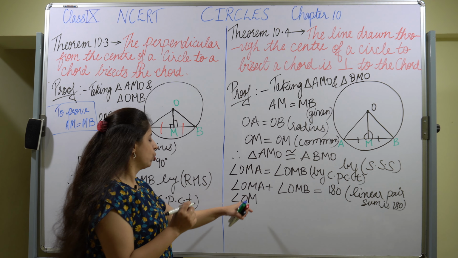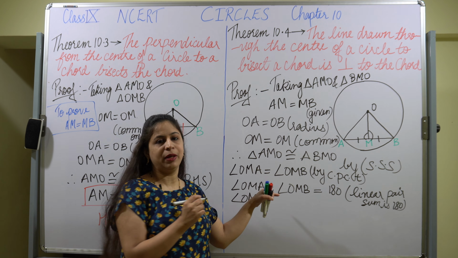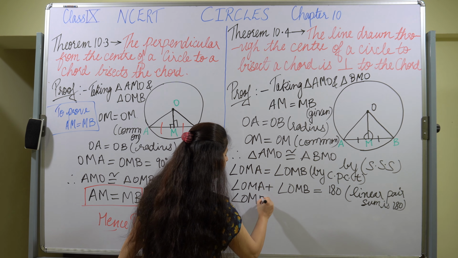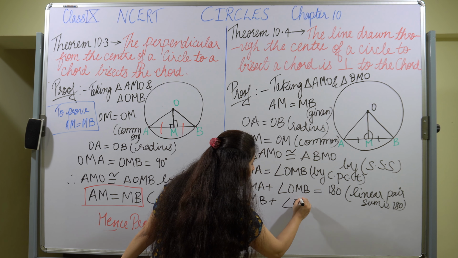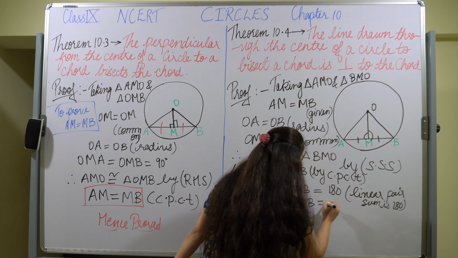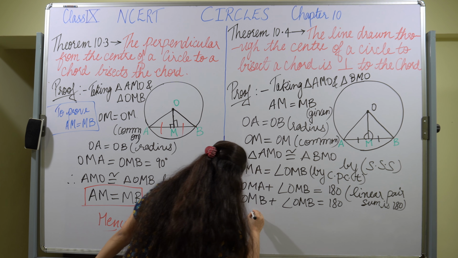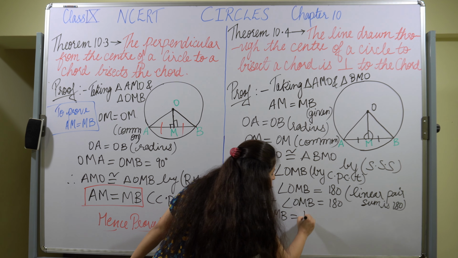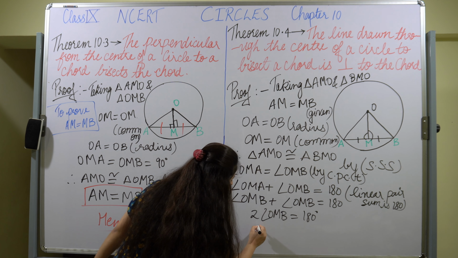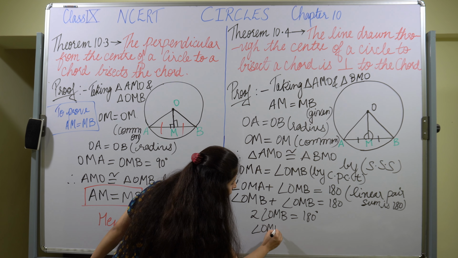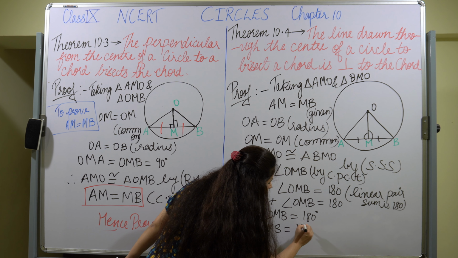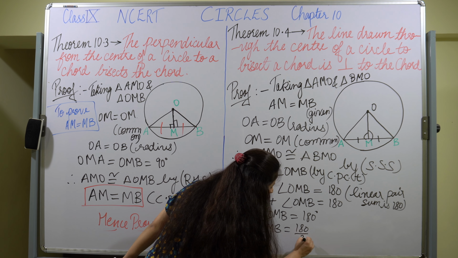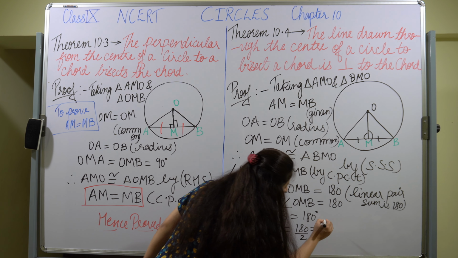Since angle OMA is equal to OMB, I can replace OMA with OMB. So OMB plus angle OMB is equal to 180 degrees, or twice angle OMB is equal to 180 degrees. And angle OMB is equal to 180 upon 2, which is equal to 90 degrees.